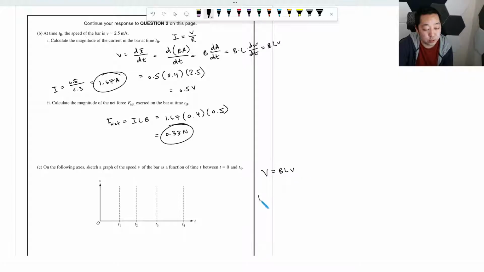And the net force is ILB, so that's BLV over R times LB. So that is B squared L squared V over R, and that's going to equal M dV/dt. Now there is a negative sign because this force is opposite the direction of the velocity.